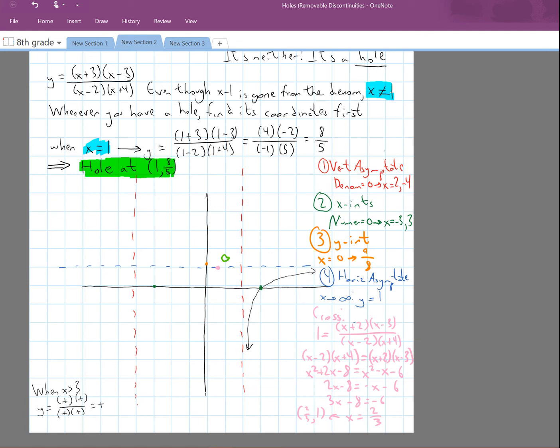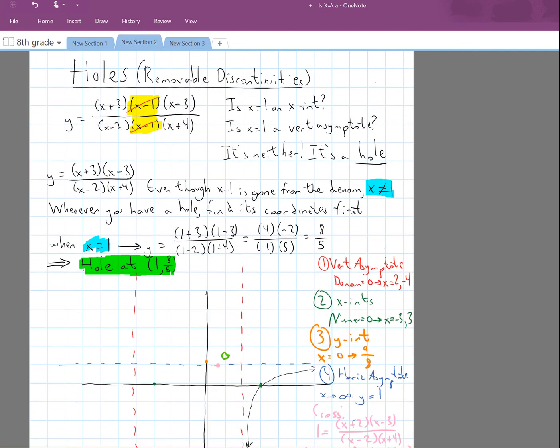When x equals 0, y definitely equals 9/8. Did I get the hole wrong? Did I get the cross wrong? Sorry everybody if I did make a mistake and didn't catch it.